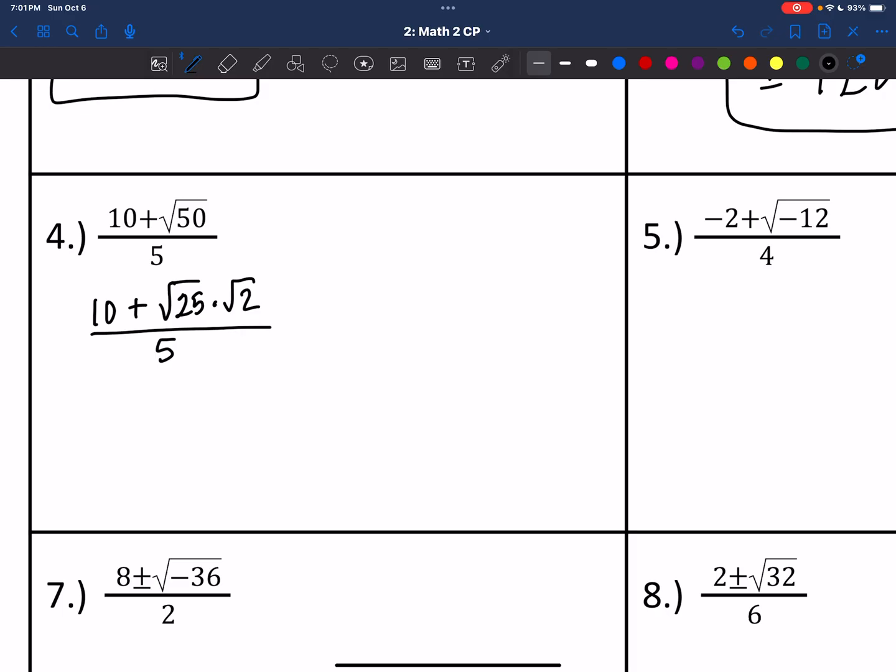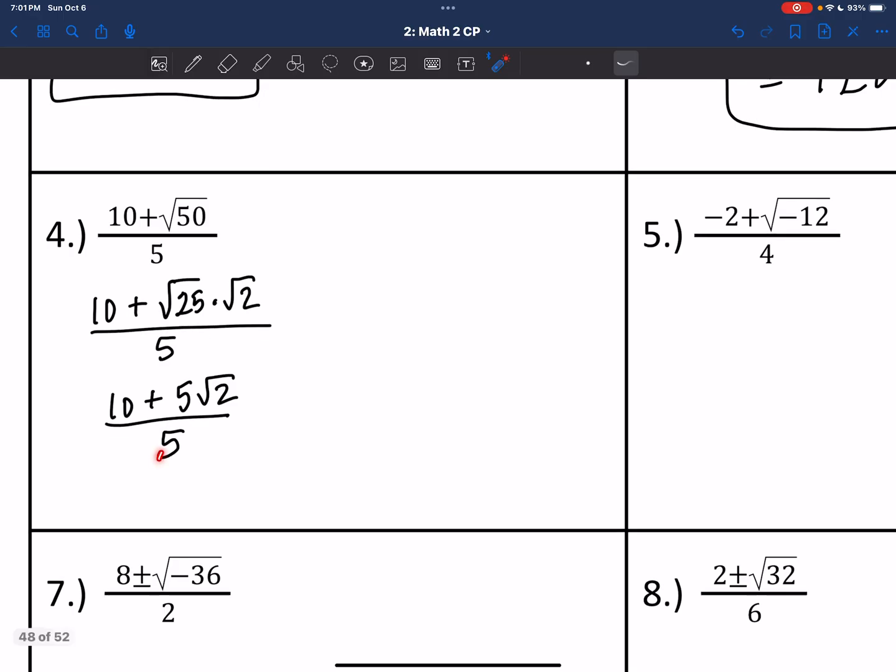So then let's go 10 plus 5 root 2 over 5, because we simplified this to that 5. All right, so now we need to simplify the fraction. There's a couple ways to look at this.